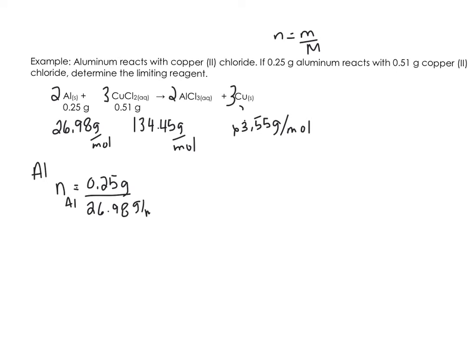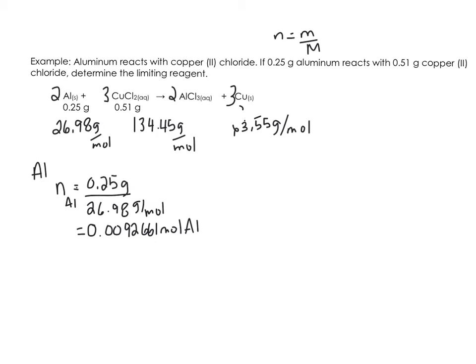Now make sure that you carry more significant digits until your final answer. So we have 0.009. Those zeros don't count, they're placeholders. 2661 moles of aluminum.